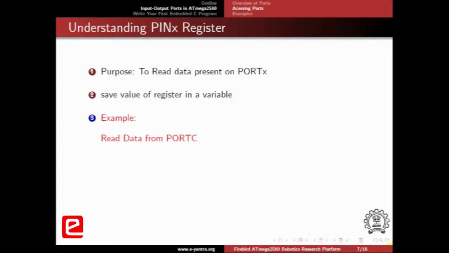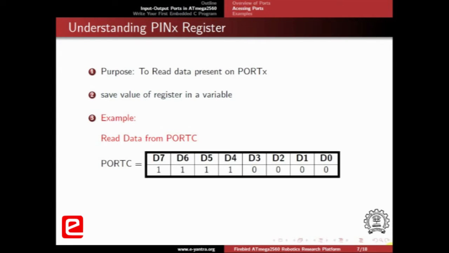Now, suppose that on all these input pins, I have connected a switch. So, and say that out of those 8 switches connected, the switches on pin number D4, D5, D6 and D7 are pressed. So as soon as the switches are pressed, the pins will read a status high.